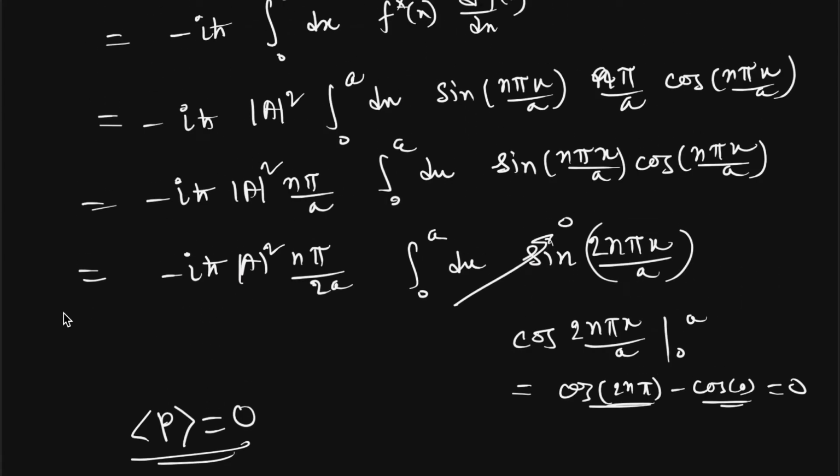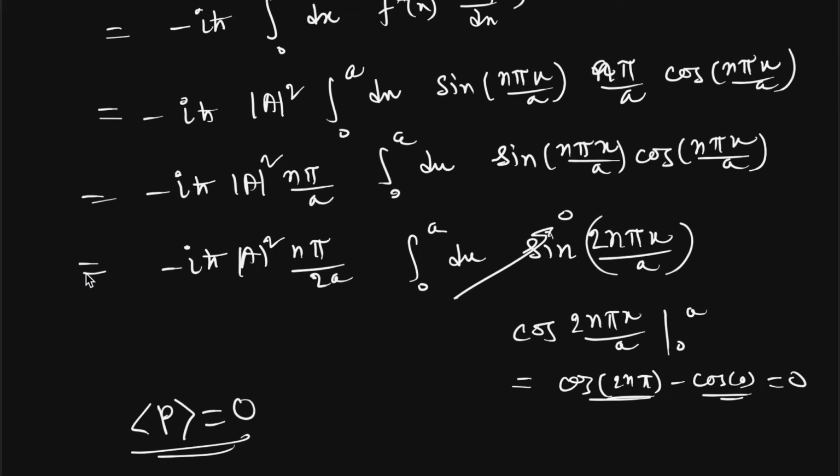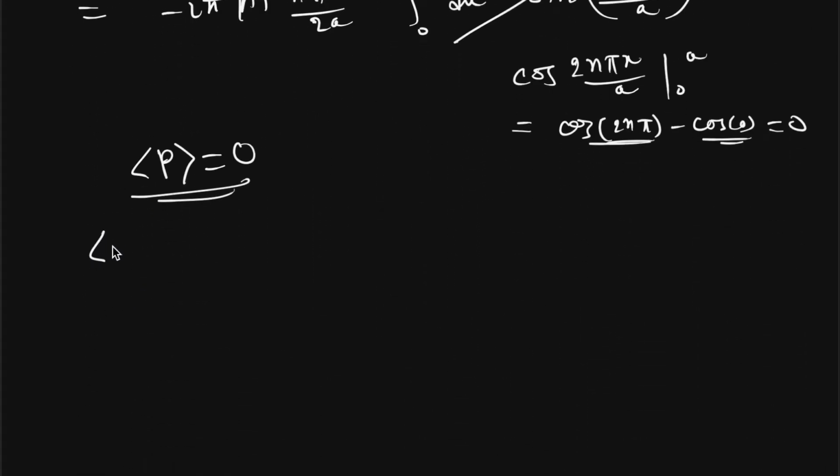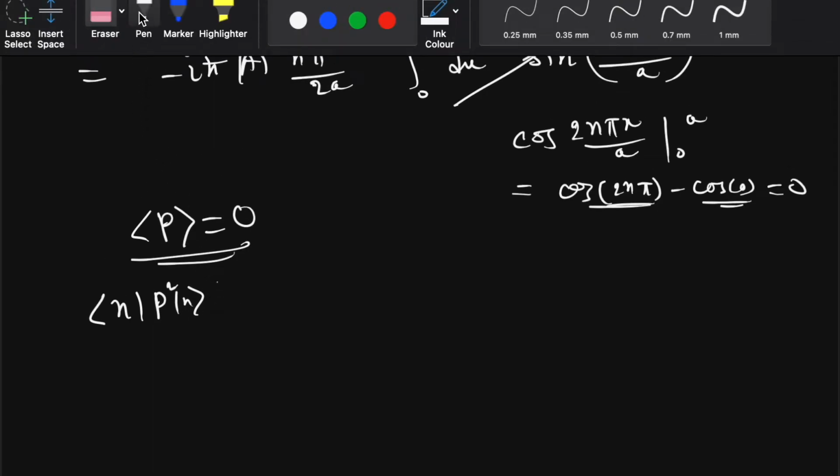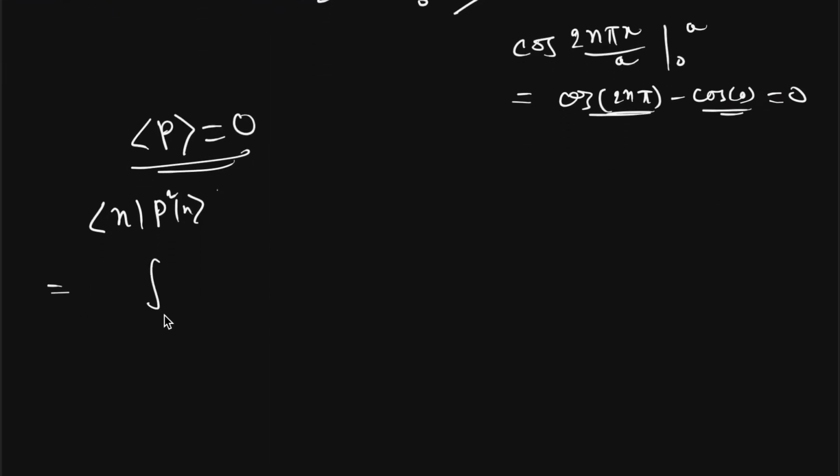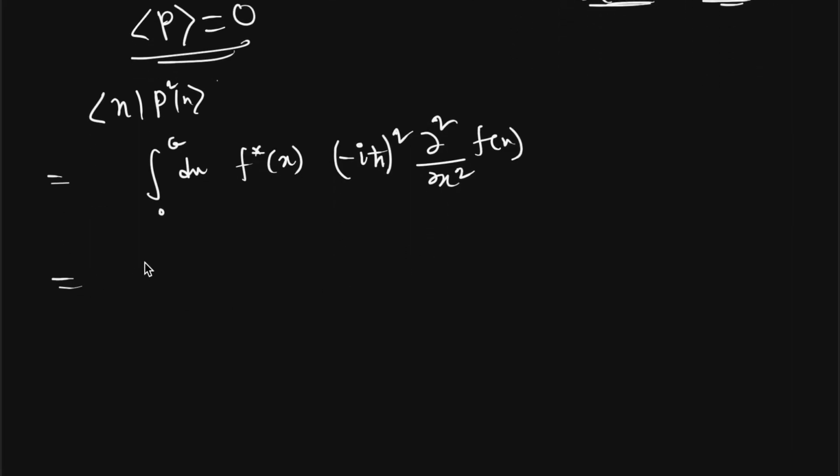Now let us calculate the expectation value of p square. From a similar argument, it will be integral 0 to a dx f star x times minus i h cut square del by del x acting on f of x, and that is minus h cut square integral 0 to a dx sin(n pi x by a) into the double derivative.